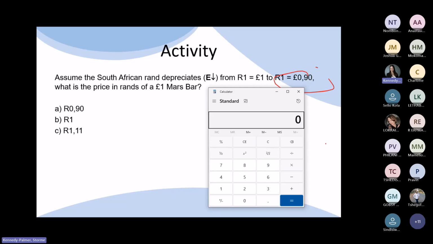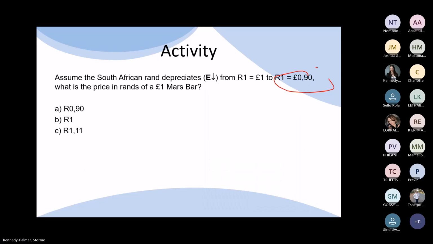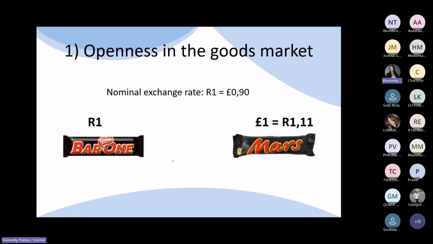So in order to calculate the cost in rands, we'll take 1 divided by 0.9, which is equal to 1.11 recurring, and since it's 1, we don't round up, so it's just R1.11 in this case. So if you go to the shop, the Bar One is going to cost you R1, and the Mars bar is going to cost you R1.11. They are now no longer perfect substitutes because of the depreciation of the rand.